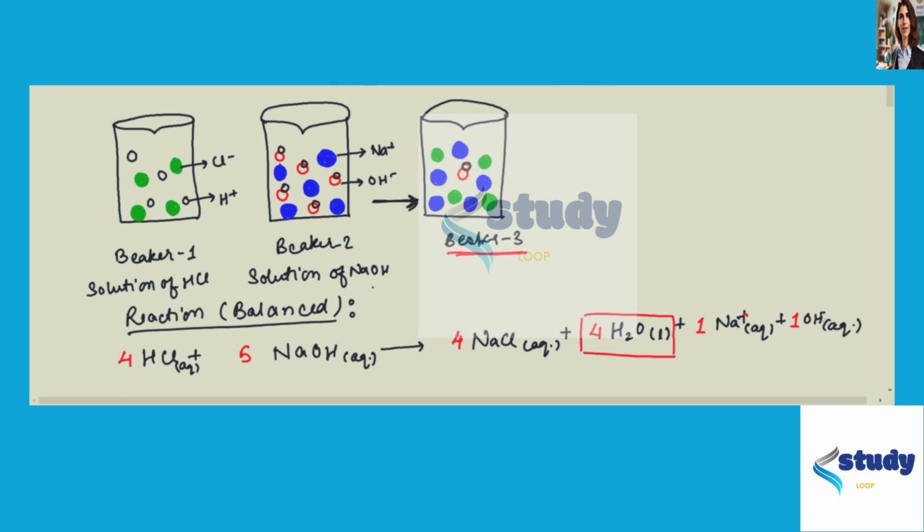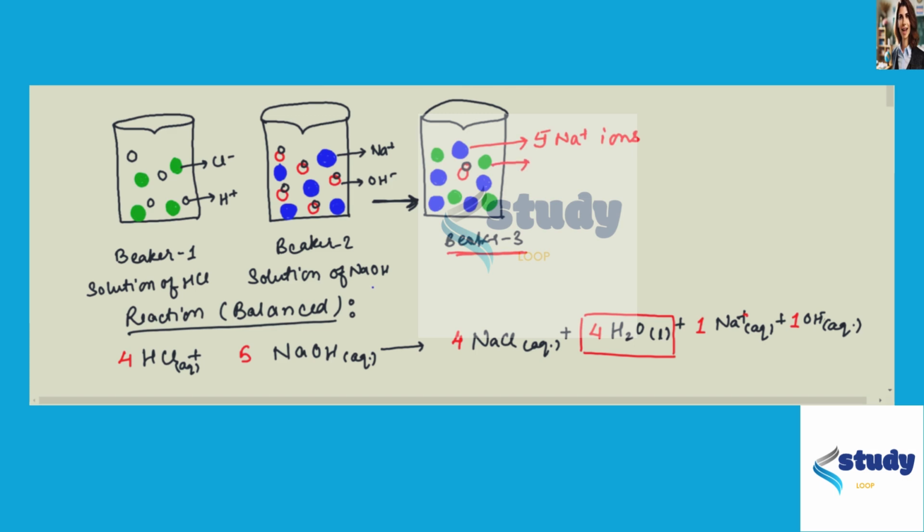I hope you understood the problem. It is asked how many ions are present. So this is Na. We will write here 4 Na plus ions, sorry, 4 plus 5, that is 5 Na plus ions.